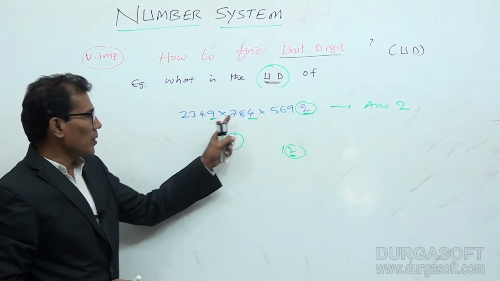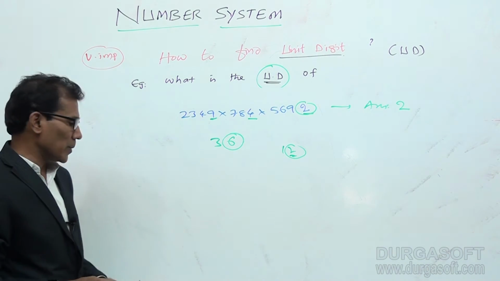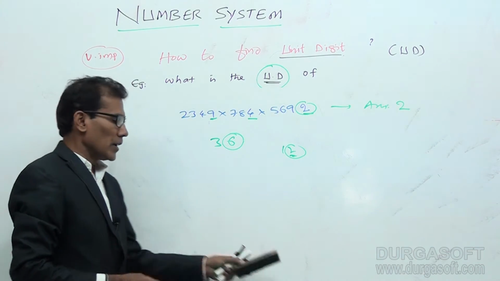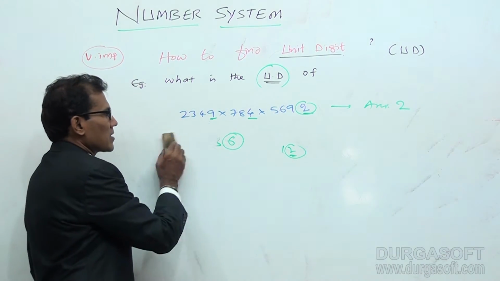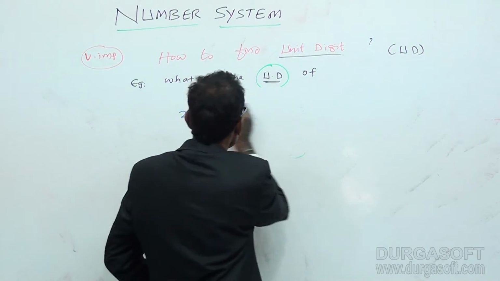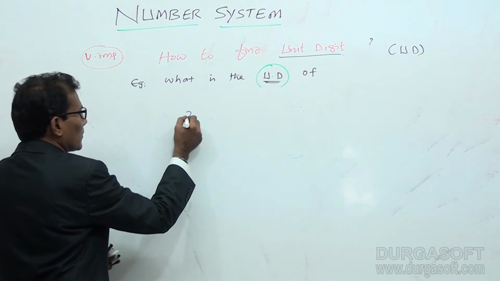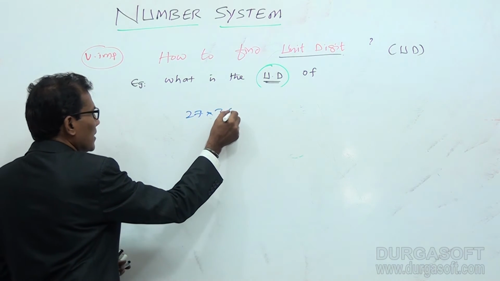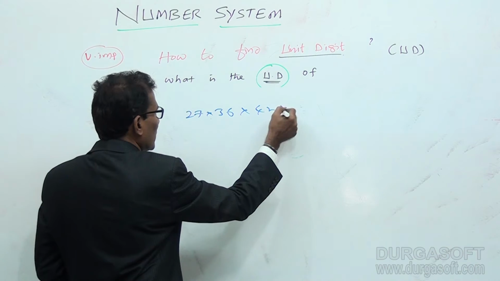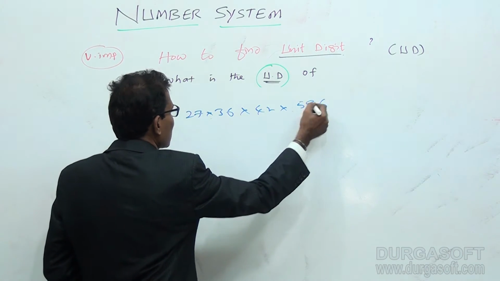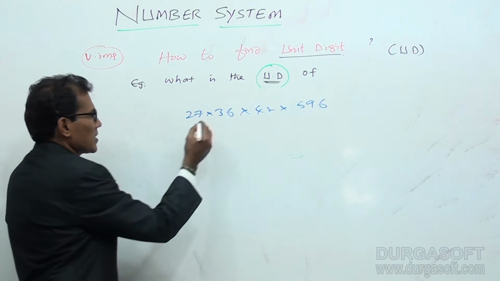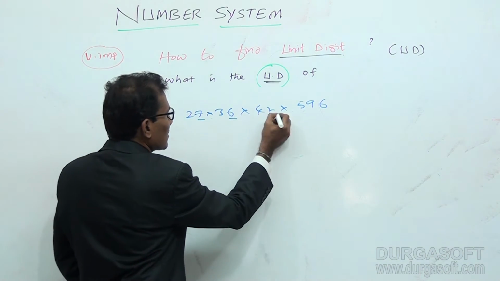Whatever the number of numbers participating in the multiplication process, ignore the complete multiplication, just take only the unit digits. What is the unit digit of 27 into 36 into 42 into 596? The same process. Here take only the unit digits.